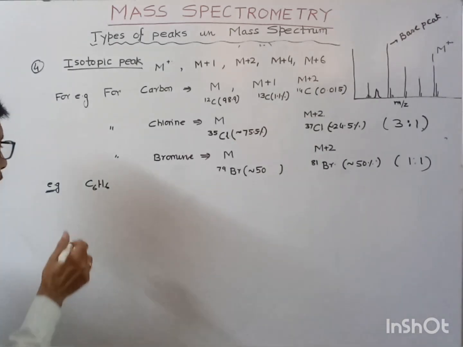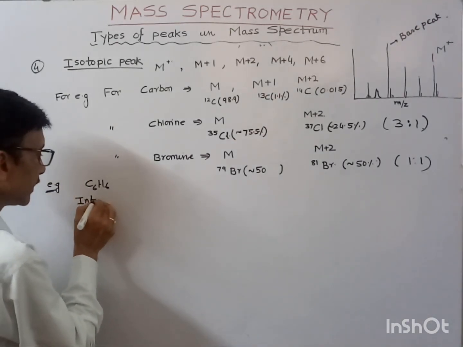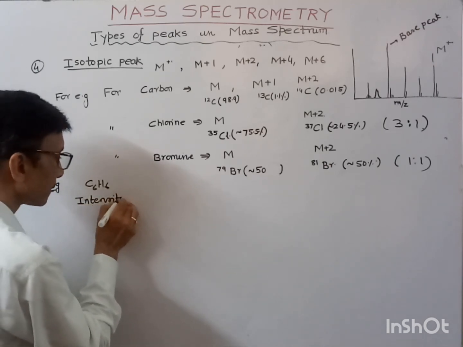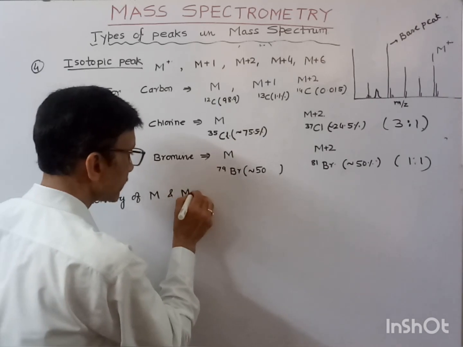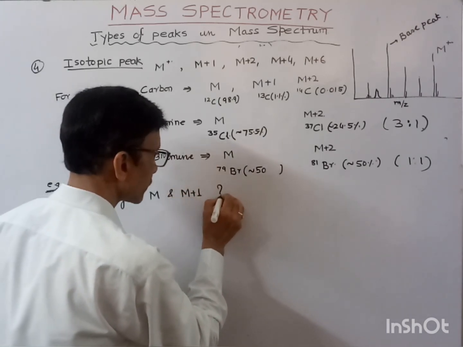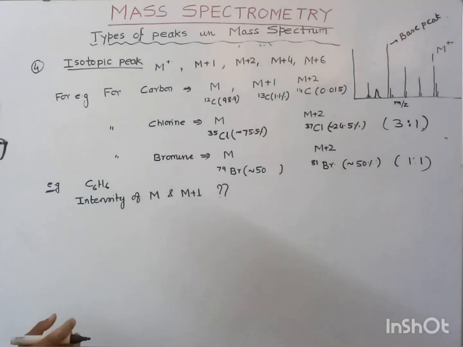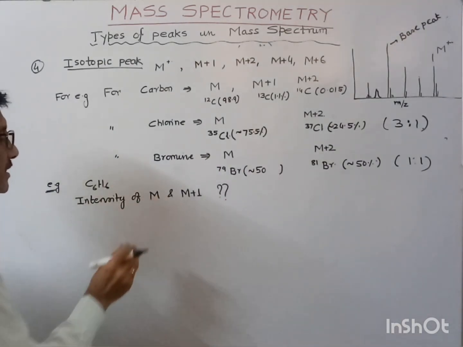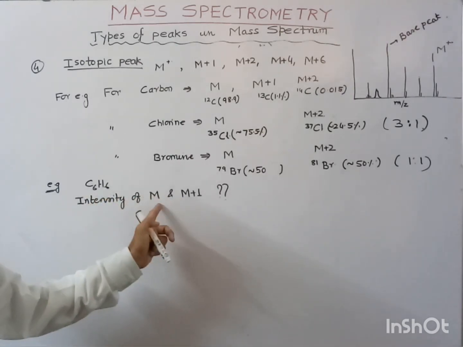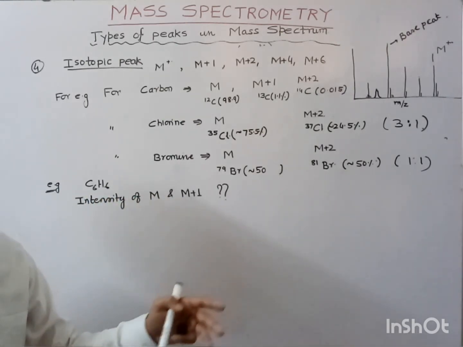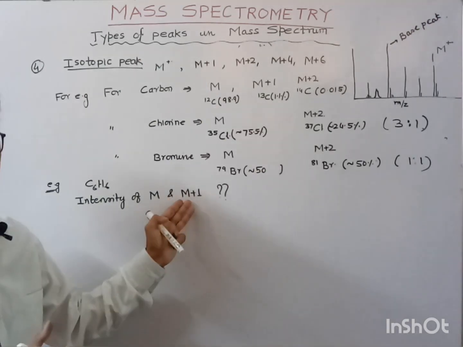If you are asked to find the intensity of the M and M plus 1 peaks, how can we find the intensity? The intensity is taken relative, so if one is 100, then how much is the other?